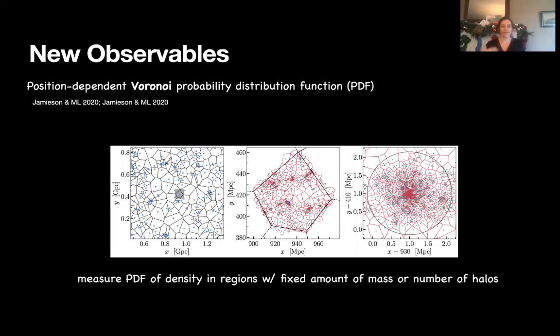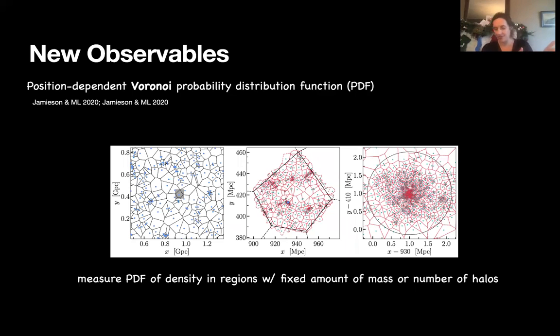So that is one probability distribution function that you can study. Another thing that we studied is the probability distribution function measured in a different way. The previous sets of plots showed the probability distribution of matter fluctuations measured in equal volumes.